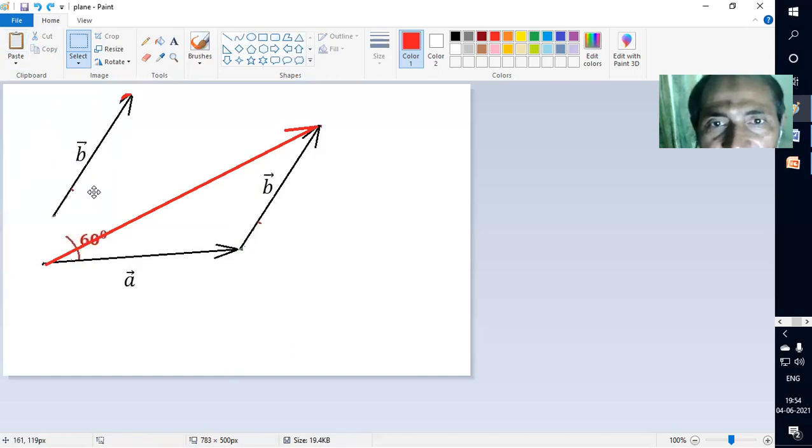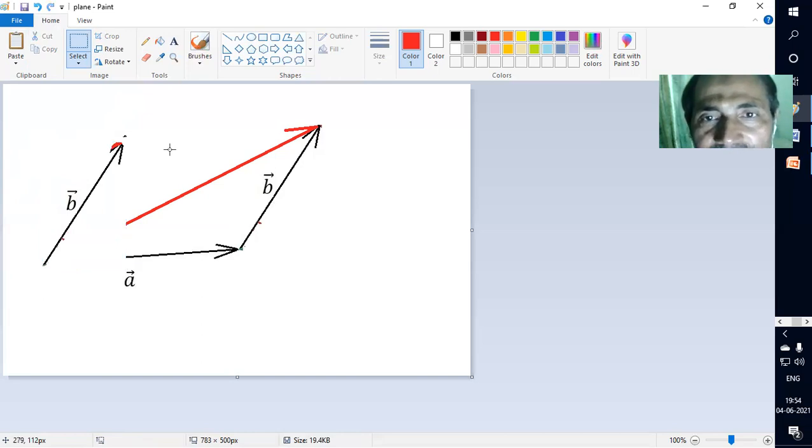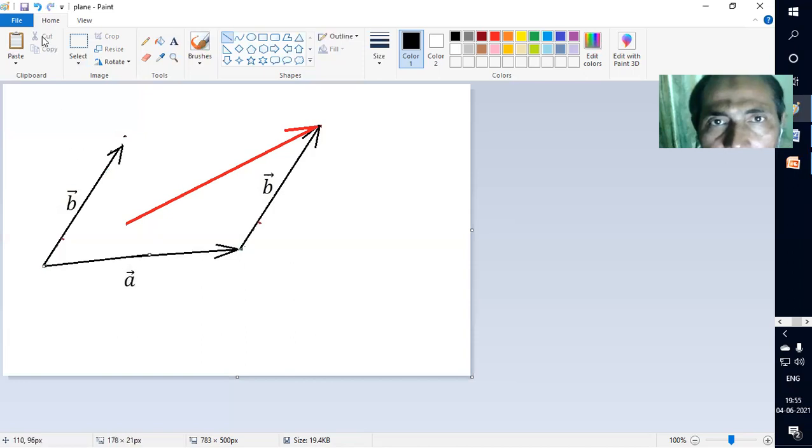This is again vector B. This is vector A. So vector B I have shifted here.